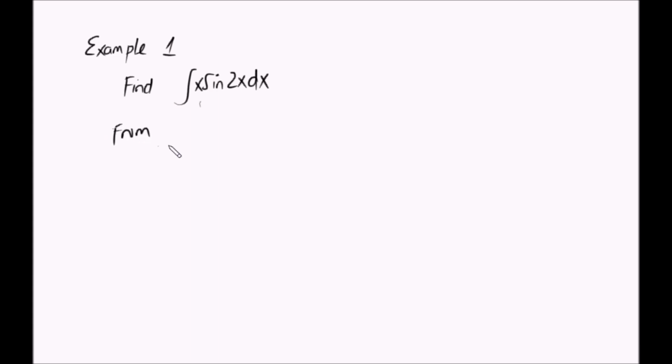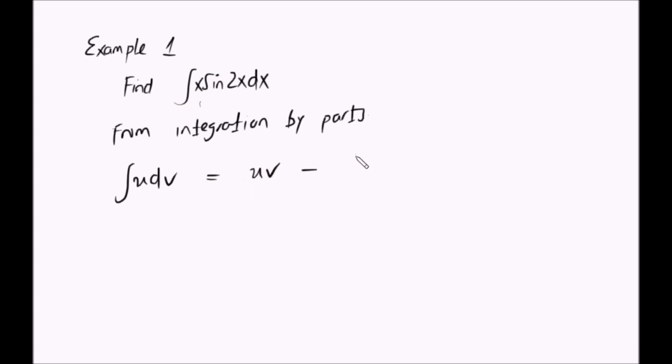Now from integration by parts, we say this is equal to this minus this. So I need to have a u here and a v.